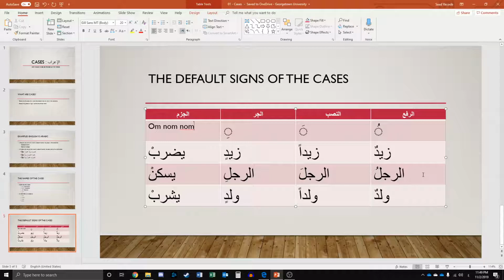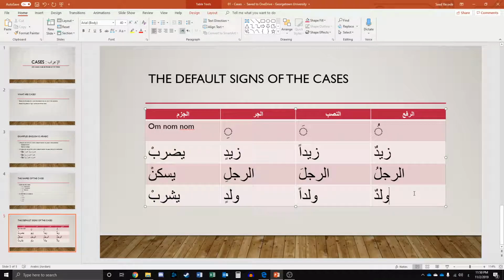Now, you might notice the tanween here. We have Zaydun, ar-rajulu, waladun. The general rule is, and again, when you climb up the monastery and you meet your Arab grammar monk, and he or she will teach you the ways of Arabic grammar, you will learn a whole bunch of different rules for the tanween.